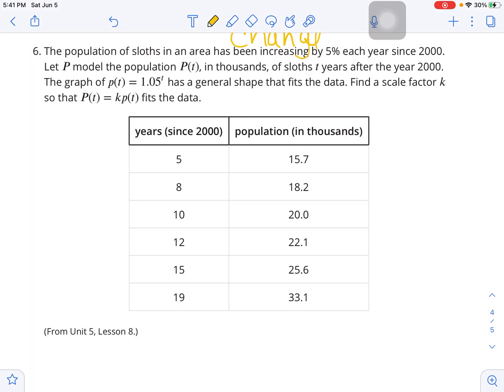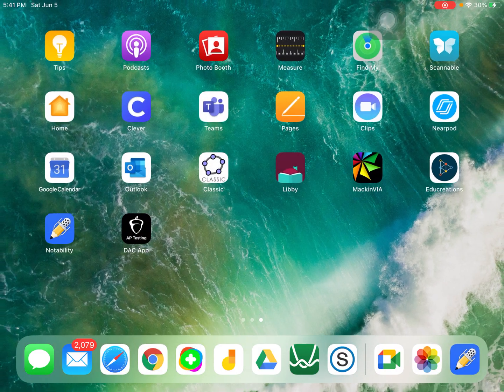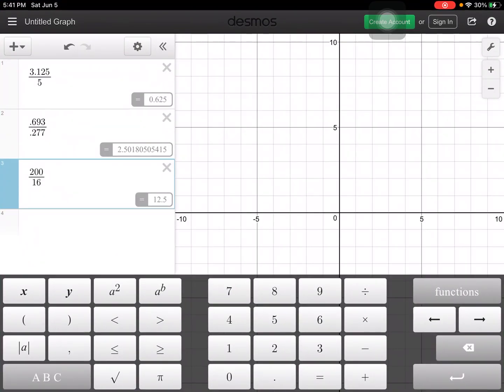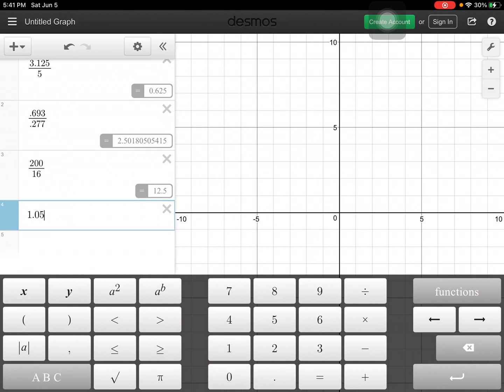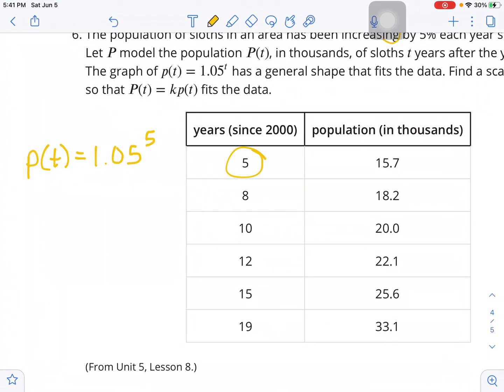So let's take a look at 5 maybe. So 5 years since 2000. So our P of T is equal to 1.05 to the 5, let's find out what that is. So 1.05 raised to the 5 power is 1.27 to 1.28.